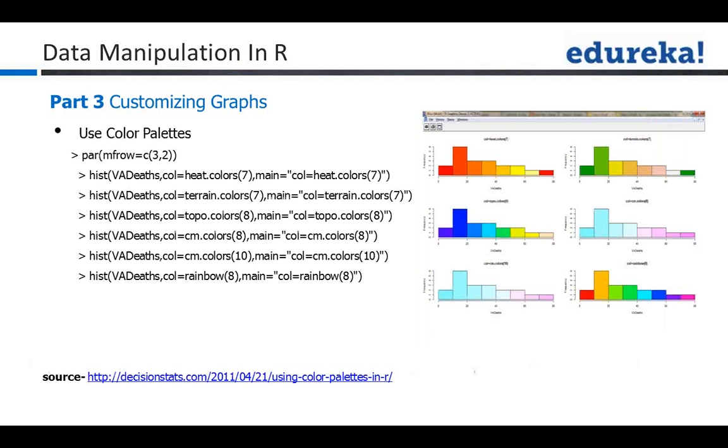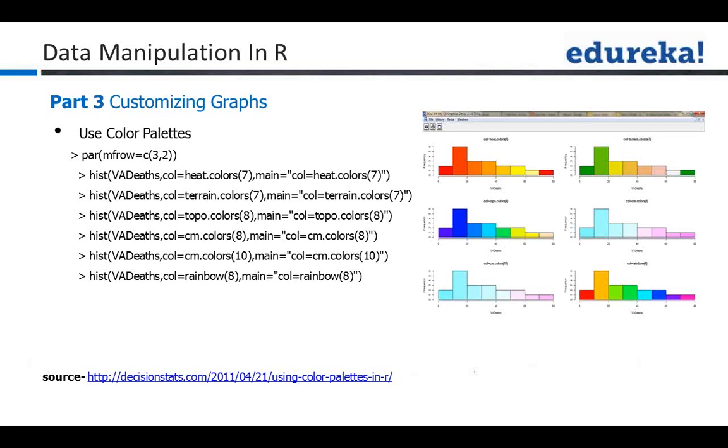So R has a lot of built-in color schemes. So if you see these, color equal to, of course you can write color equal to red, blue, yellow, green like that. But let's say you want your histogram to have a kind of a heat map. Heat map means when something has high values, it has got a higher intensity. When it's got a lesser value, it's got a lower intensity.